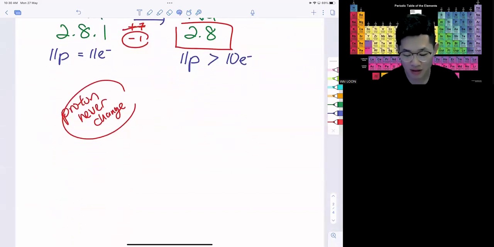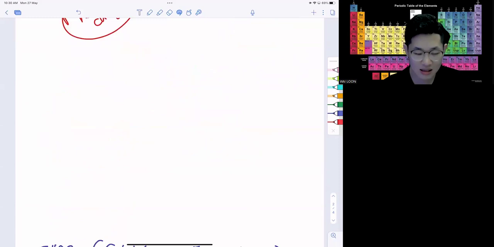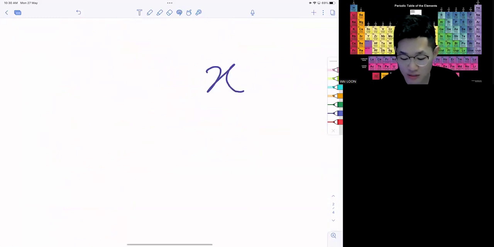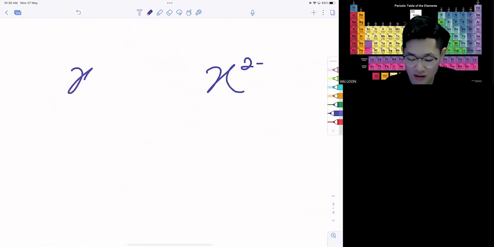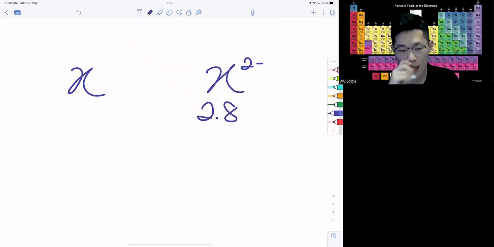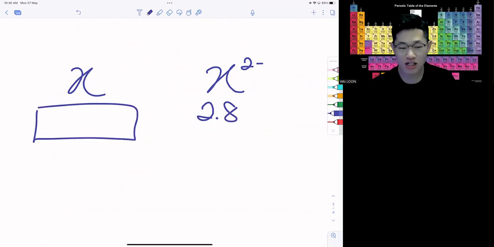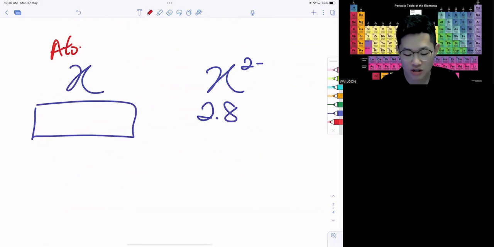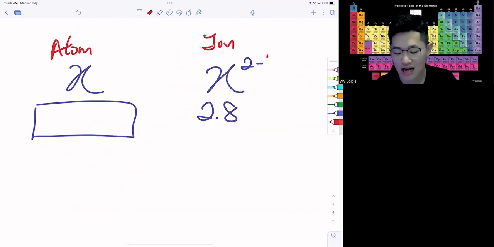Okay, for example, I have X. When I say X, I do it this way. X2 negative and X. X2 negative was 2, 8. Okay, guys, I have some question here to ask you. This one doesn't have charge, so it's an atom. This one has a charge, so it's an ion.